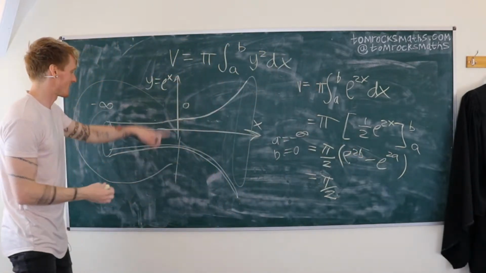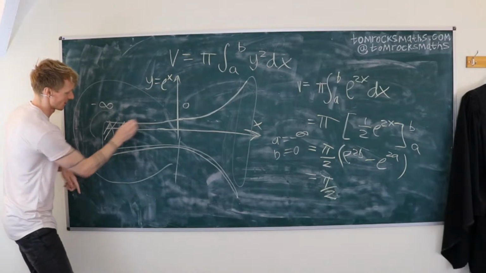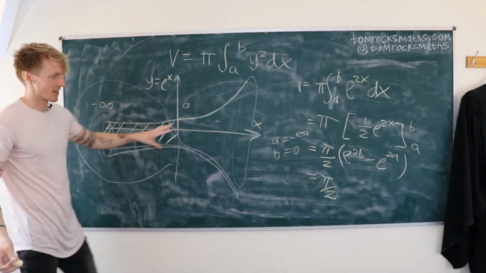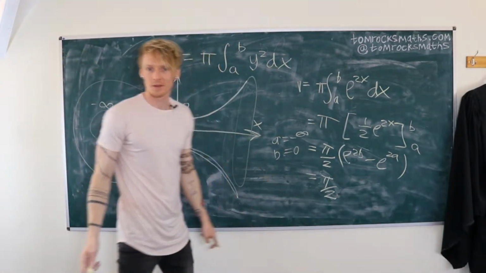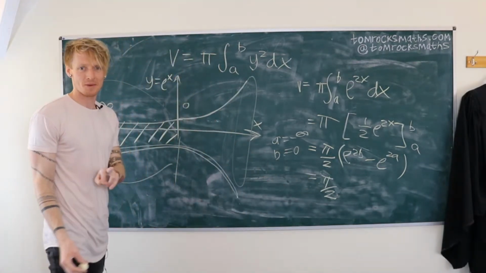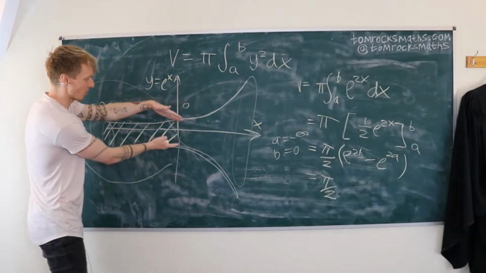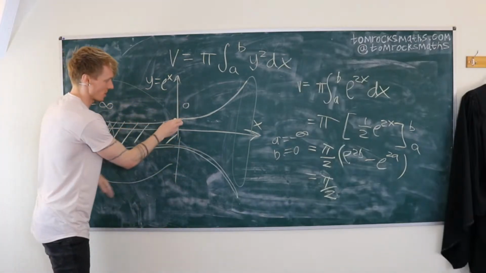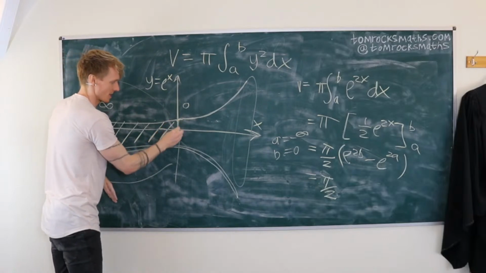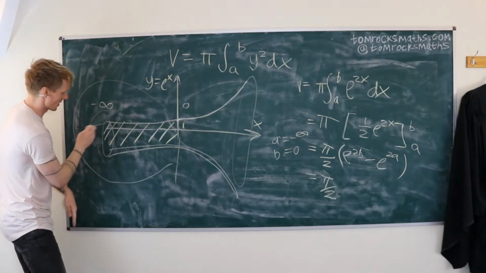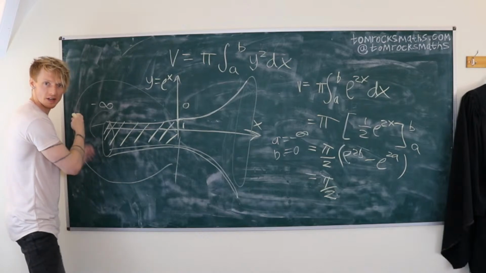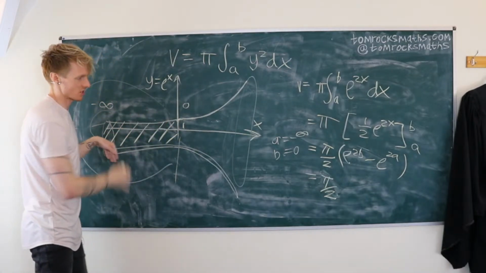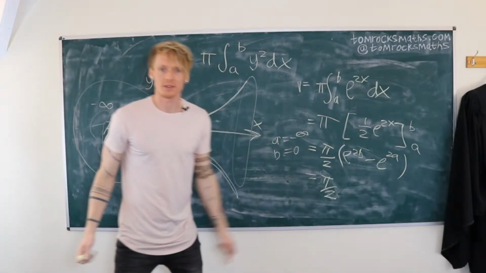So the answer for this part, only for negative x, is pi over 2, which is a really nice, perhaps surprising result. We have an infinitely long section, which has a radius 1, and obviously down at infinity it goes to 0. But it's infinitely long, and yet the volume of this section is equal to pi over 2.